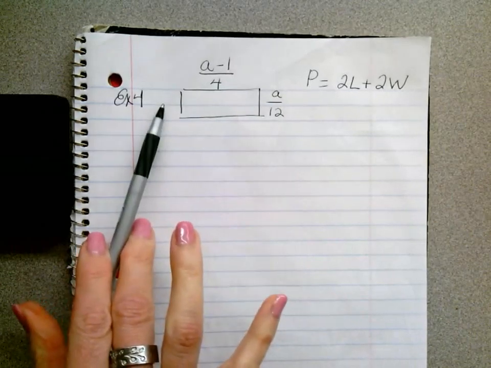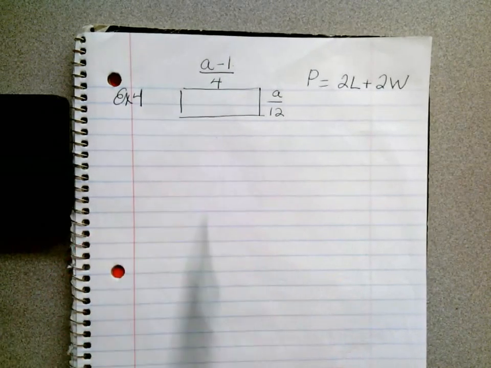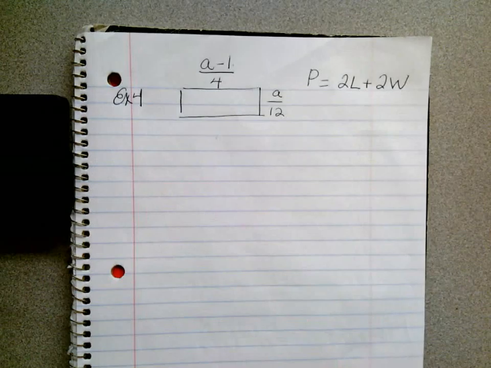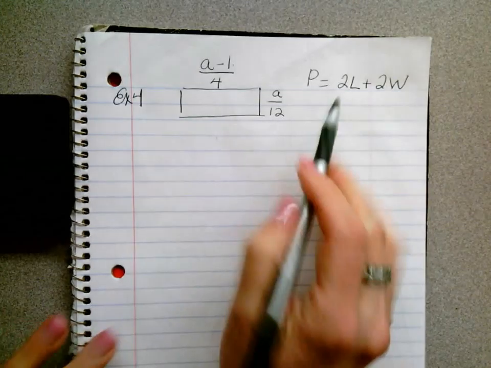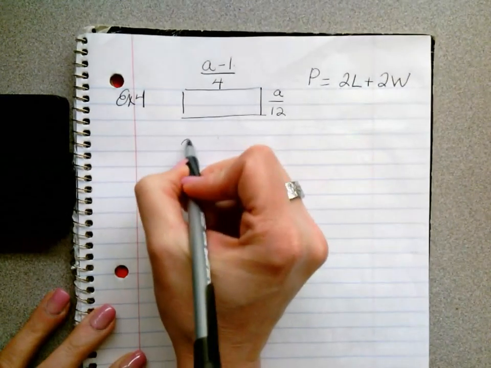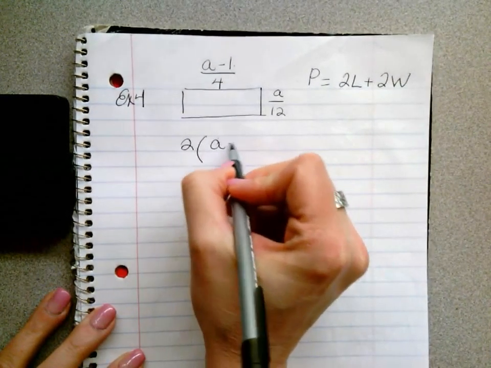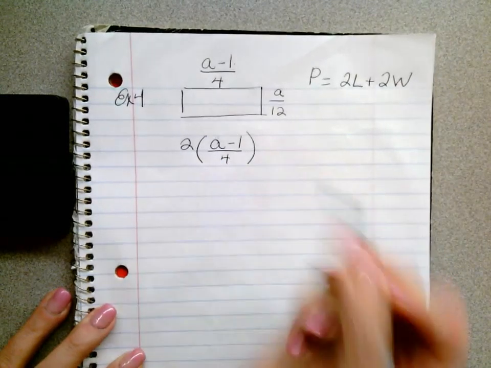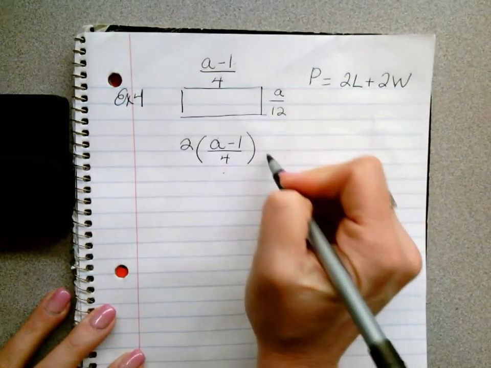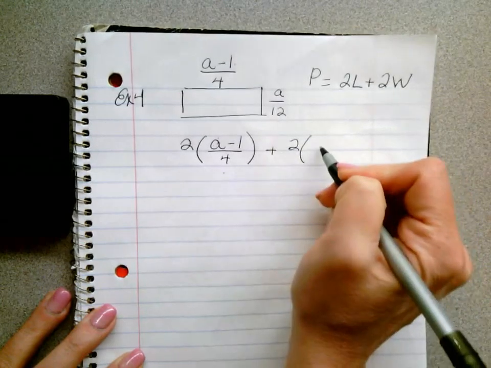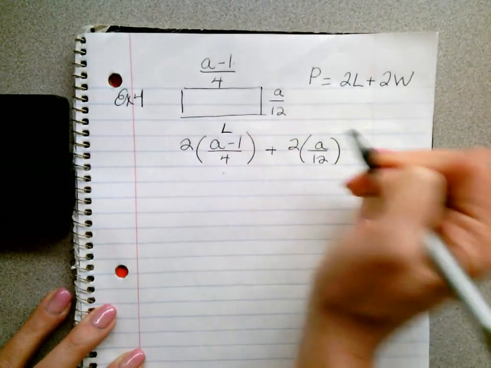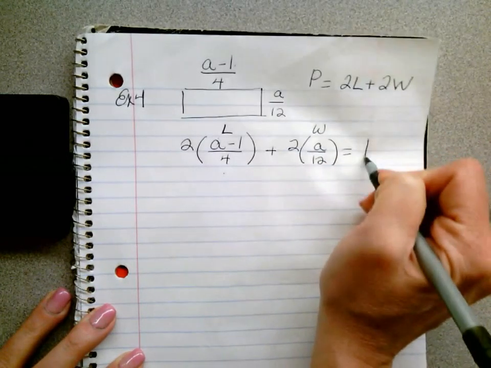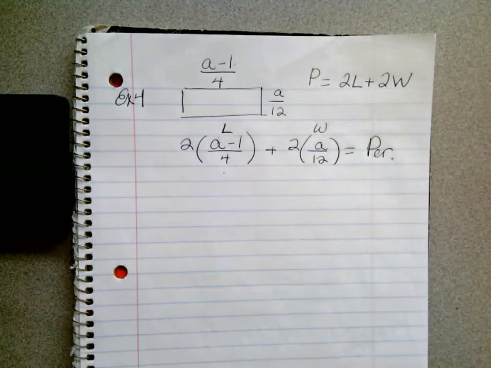So a over 12, a over 12, a minus 1 over 4, a minus 1 over 4. You're going to add all that together. Rather than adding it up that way, though, it's easier if you actually do 2 of the lengths. So 2 times a minus 1 over 4, 2 of the lengths, added to 2 of the widths. Okay, so these are the lengths. I'm just calling them the lengths. These are the widths. The sum of that will give you your perimeter.